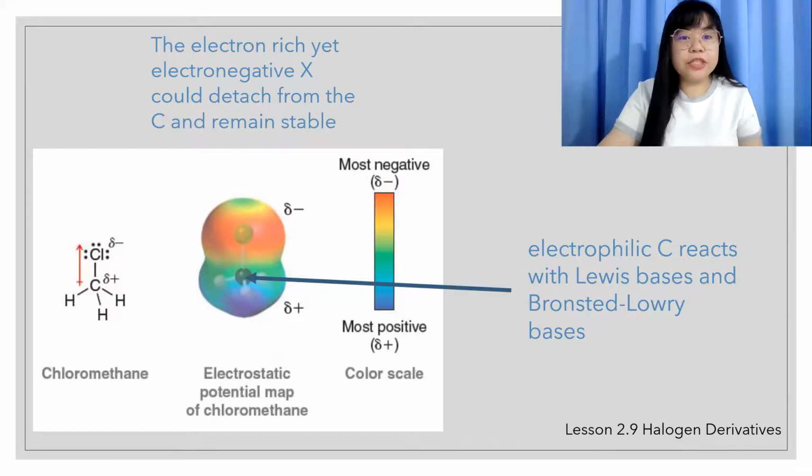So the electron-rich yet electronegative halogen, on the other hand, could detach from the carbon from their covalent bond and remain stable. So in a reaction, they would become the leaving group.